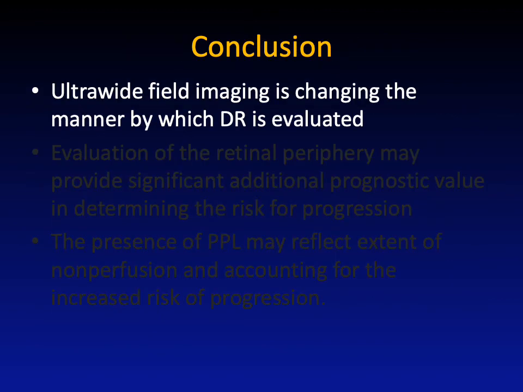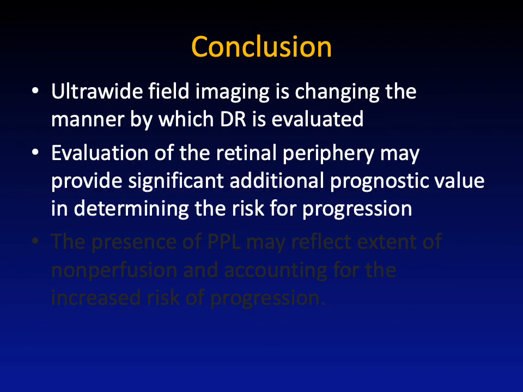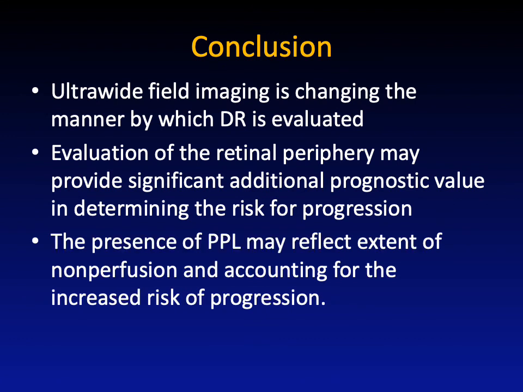So in conclusion, ultra-wide field imaging is changing the way by which diabetic retinopathy is being evaluated. Evaluation of the retinal periphery may provide significant additional prognostic value in determining the risk of progression. And finally, the presence of PPL or predominantly peripheral lesions may reflect the extent of non-perfusion and account for the increased risk of progression of diabetic retinopathy.